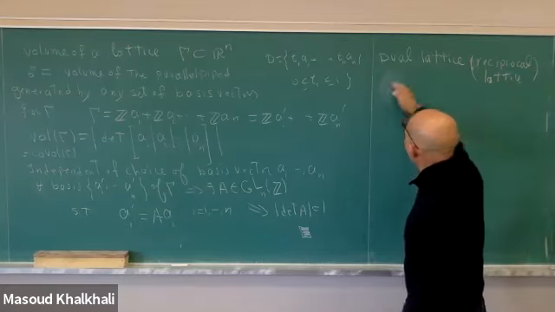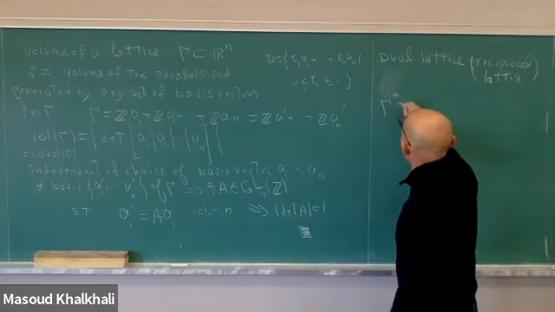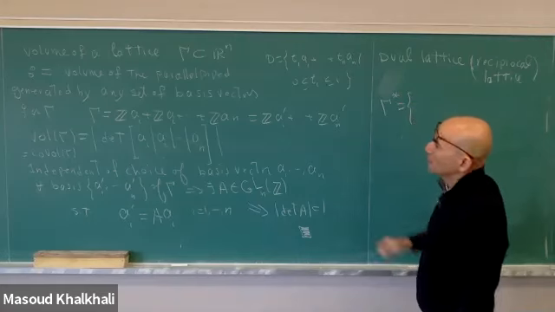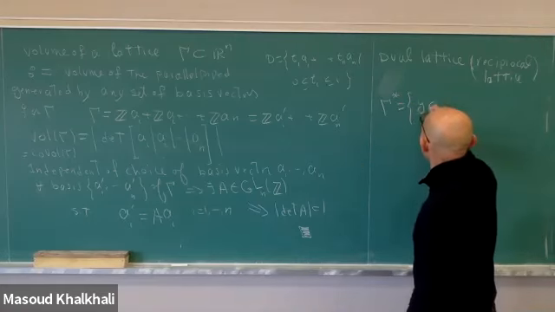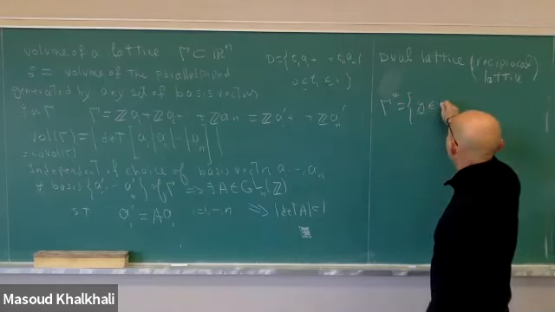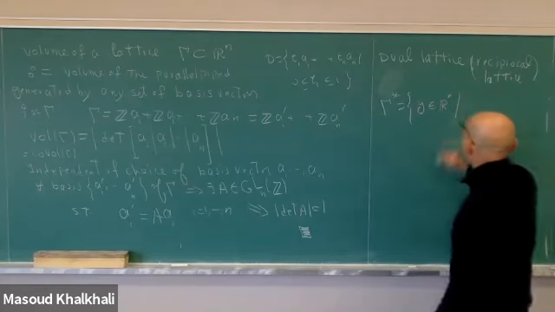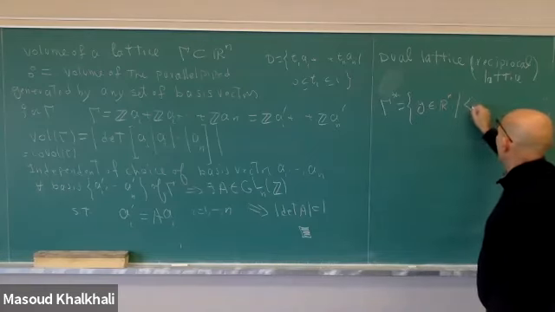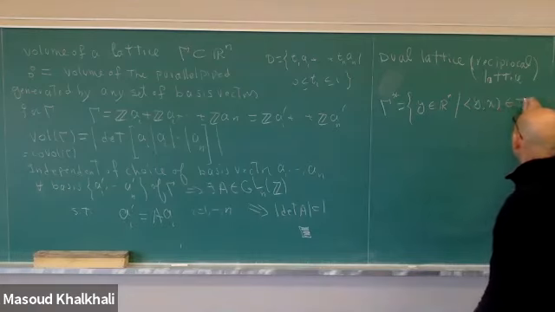So this gamma star is the set of all y belonging to Rn such that the inner product of y and x is an integer for all x in gamma.